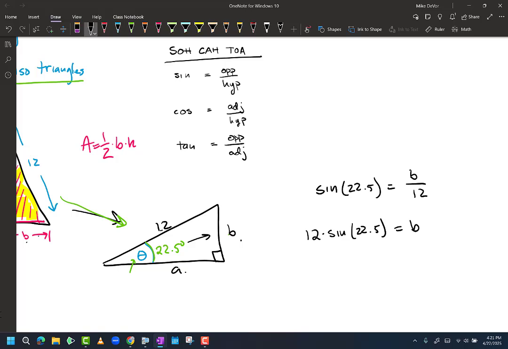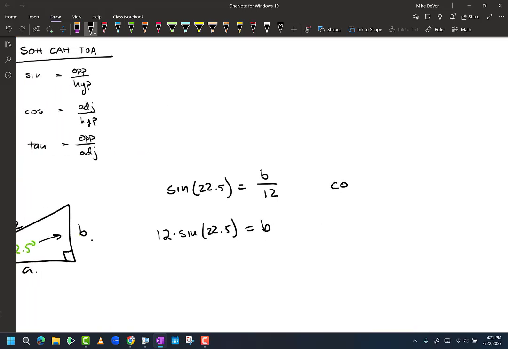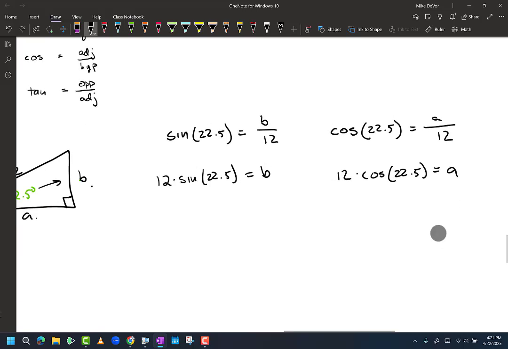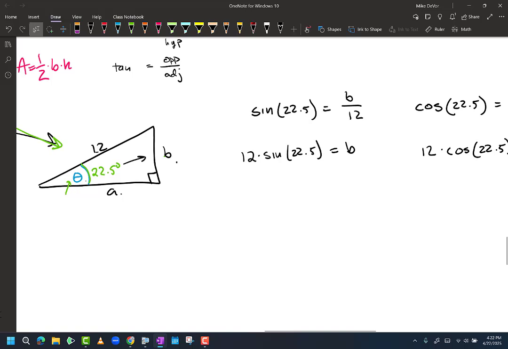We're looking for the adjacent side to that angle, so that's going to be our cosine. Cosine of 22.5 is our adjacent side, that's our A, over 12. So for our A, we're going to have 12 times cosine of 22.5 equals A.